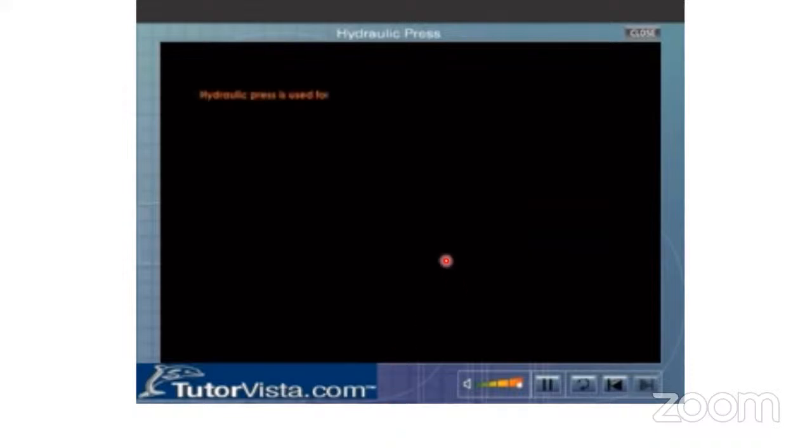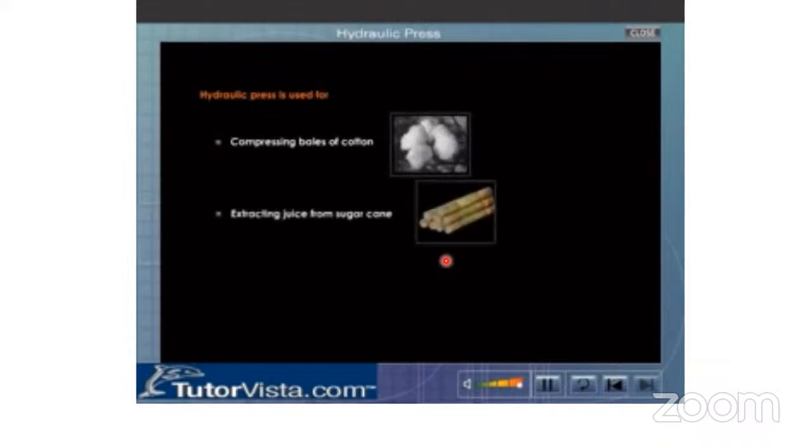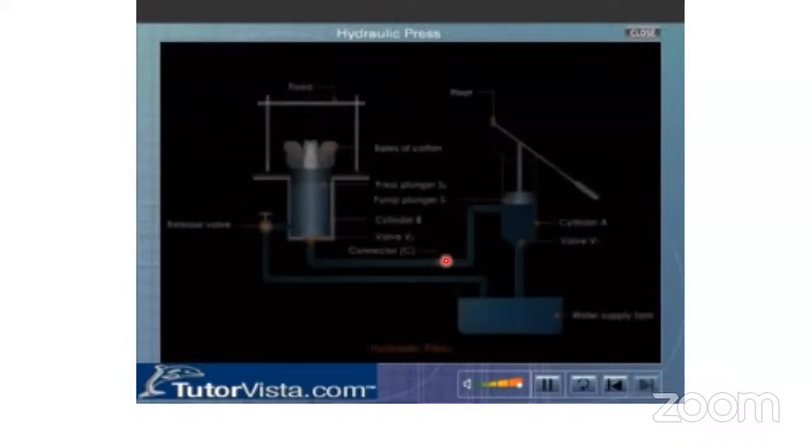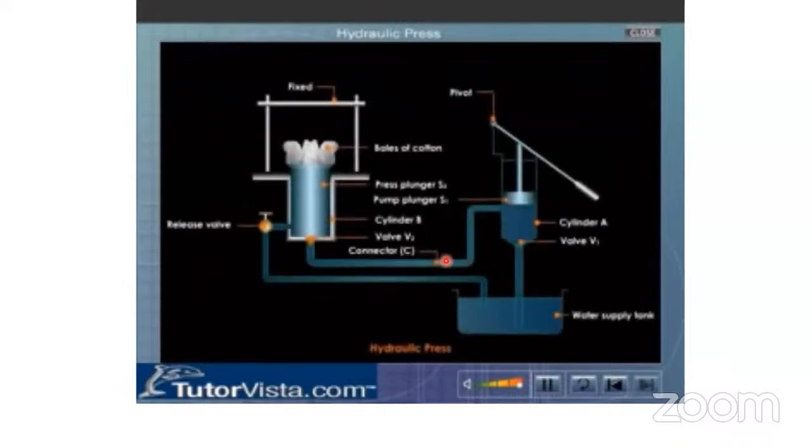A hydraulic press is used for compressing bales of cotton, extracting juice from sugarcane, and extracting oil from cotton seeds. Here you can see how a hydraulic press is used for compressing bales of cotton.